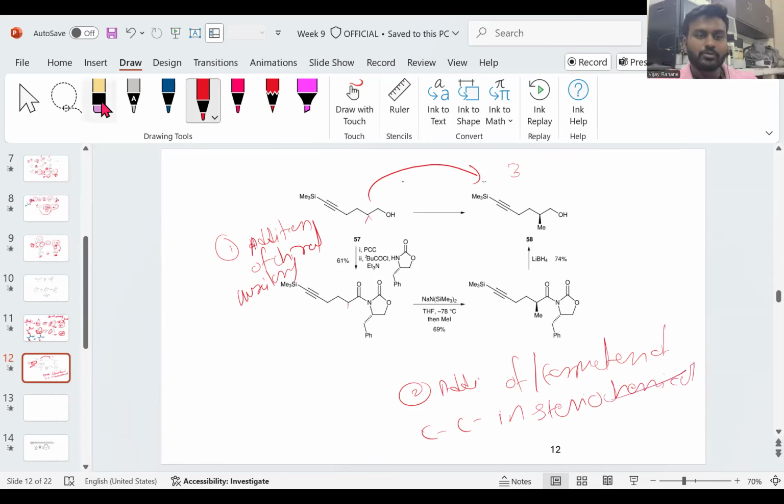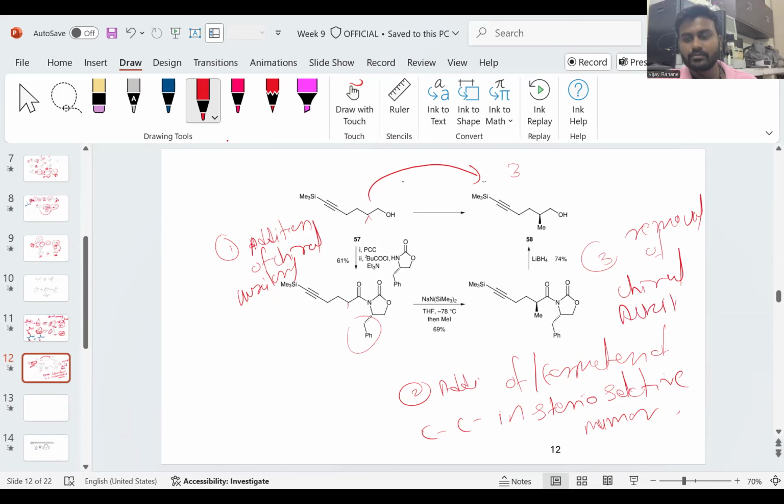This bond formation takes place in a stereoselective manner, which is obviously controlled by the chiral auxiliary, right? And the third step is the removal of the chiral auxiliary. So within these three steps, we can get this methyl, which is the required product.